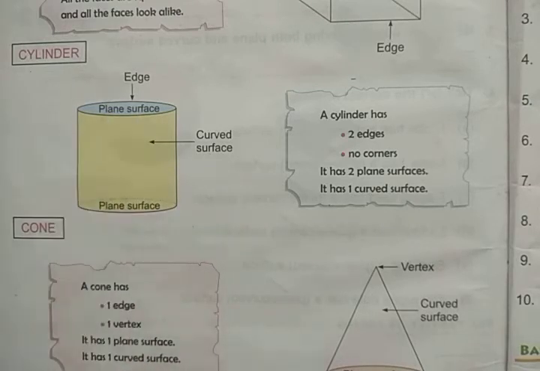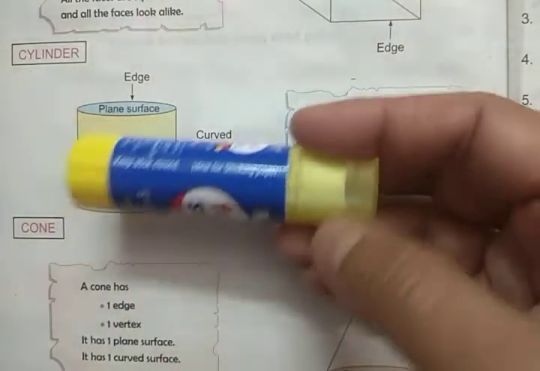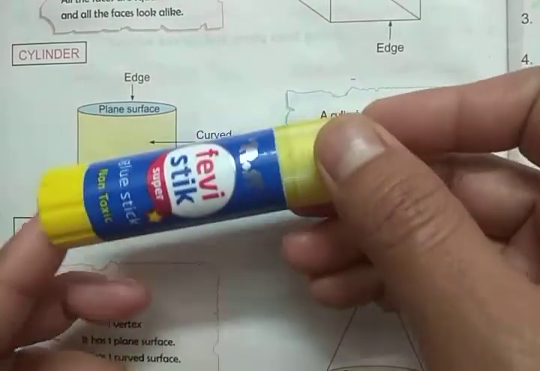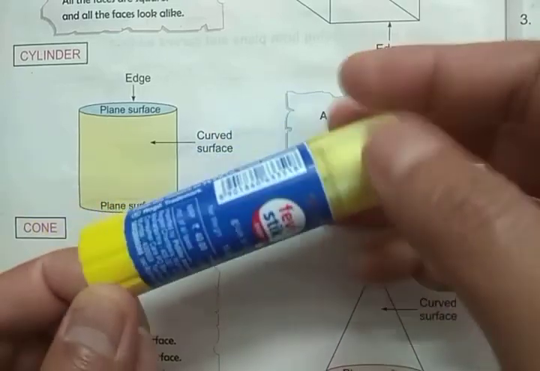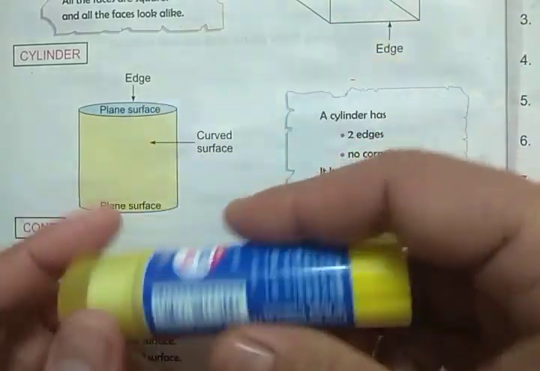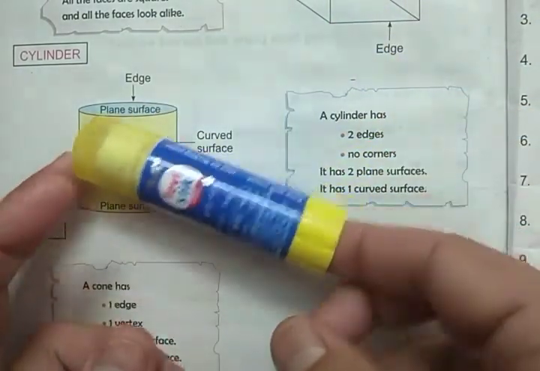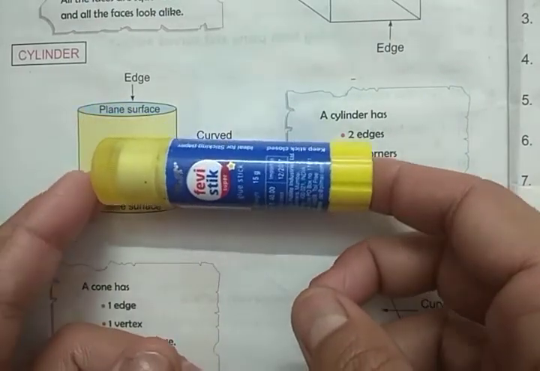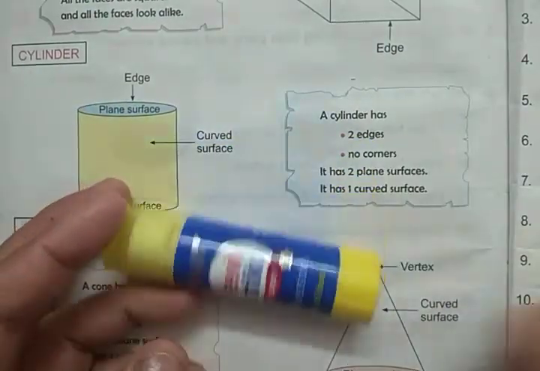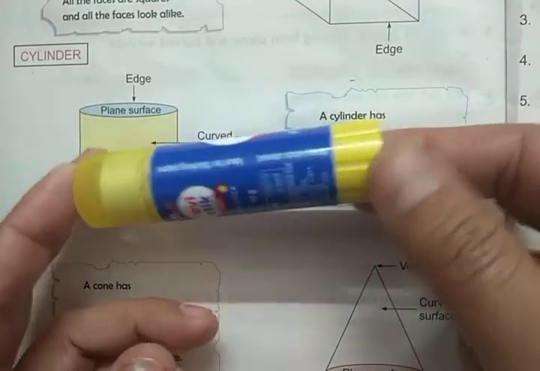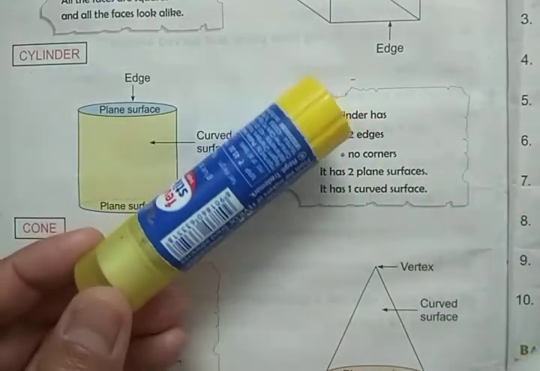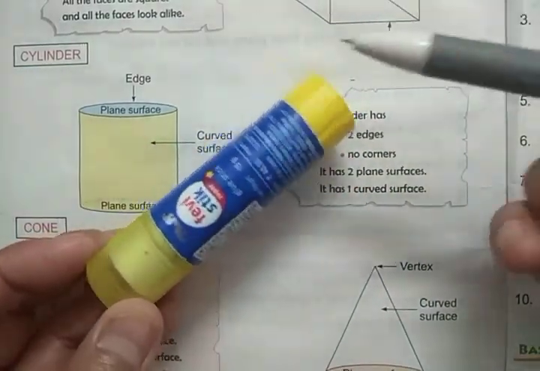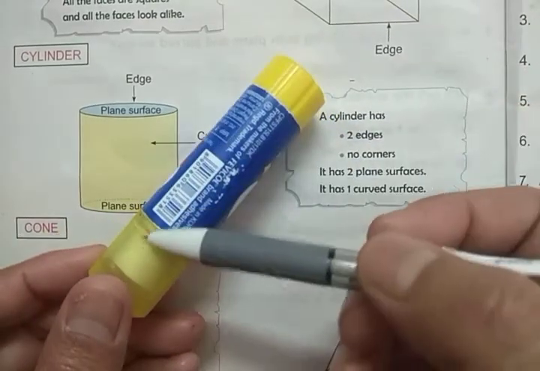First of all, cylinder. I have this glue stick which has a cylinder shape, right? So let us count the number of edges in this cylinder. Here you can see there is one curved surface.